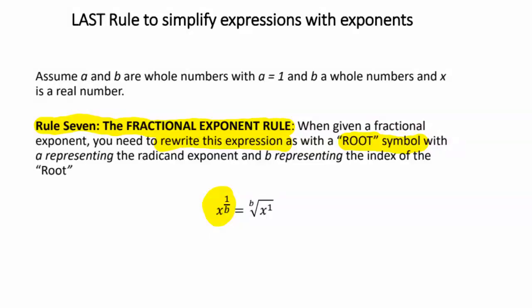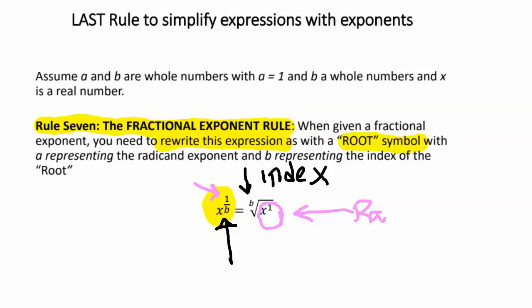Now, this is the catch. The denominator is going to be put as what we call an index. It is at the corner of this radical symbol. The number 1, which is my numerator, is the exponent of what we call the radicand, which is the number underneath the radical.